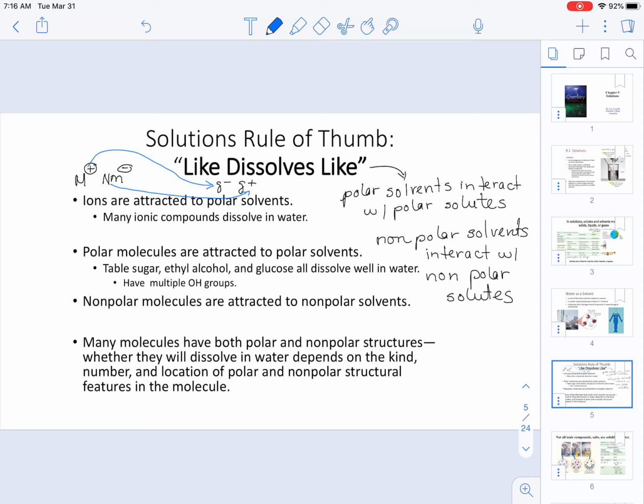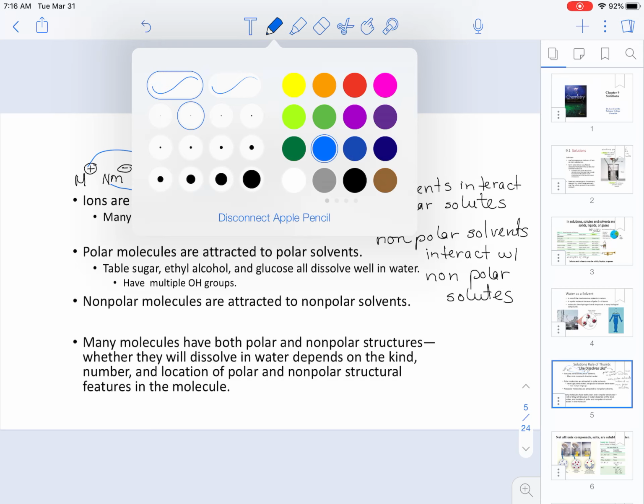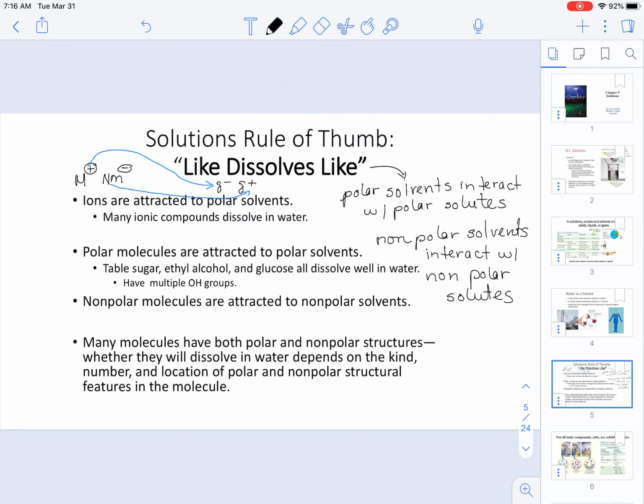And understand that there's going to be times where we have a molecule that has both features. So for example, when we're talking about fatty acids, and this is something that we're going to talk about later in the semester, I'm just going to illustrate an example of a fatty acid.